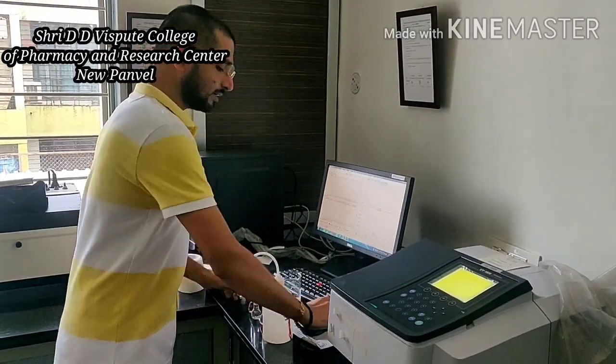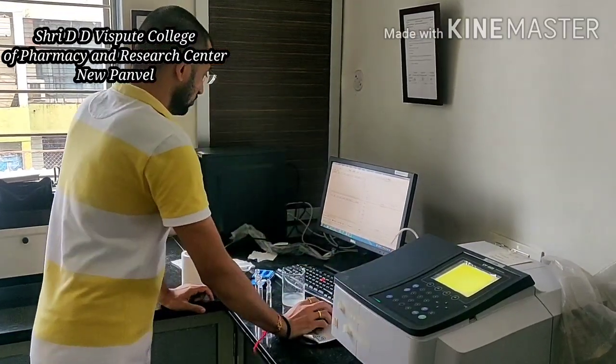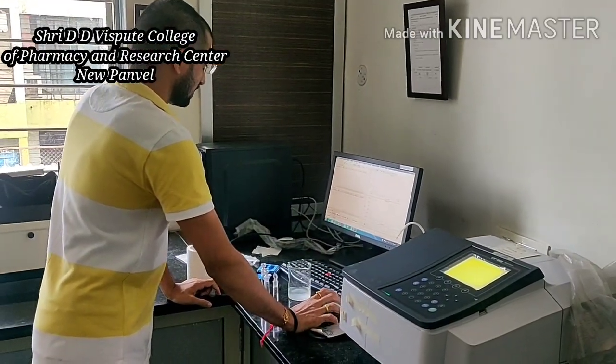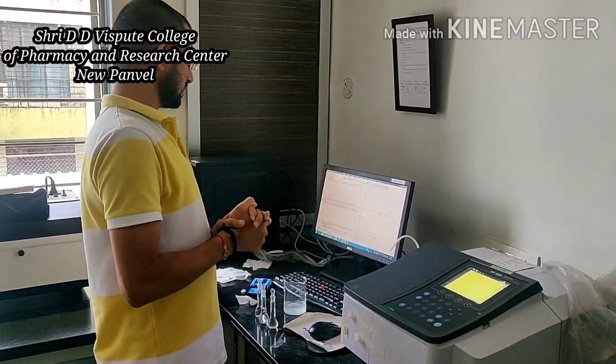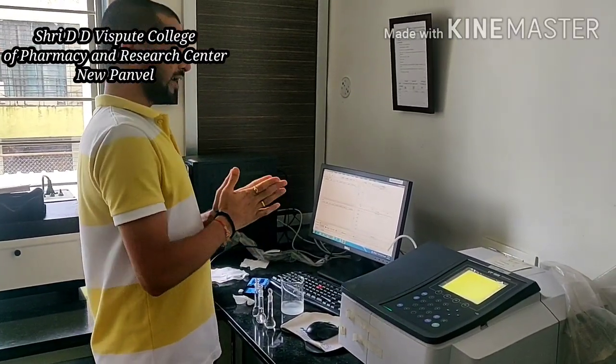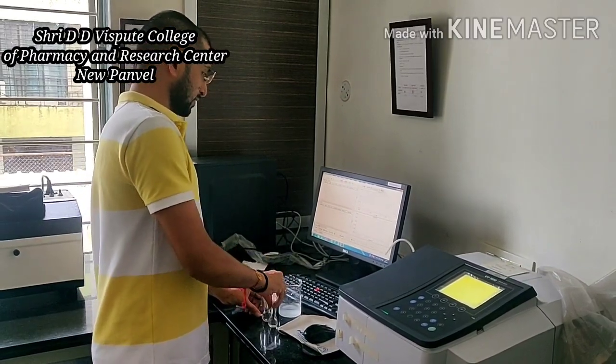After placing both cuvettes, do the auto zero to remove any unwanted absorbance error in the final absorbance of the sample and the stock solution.